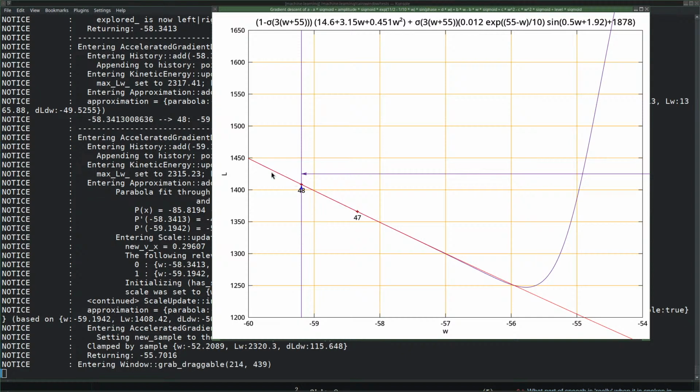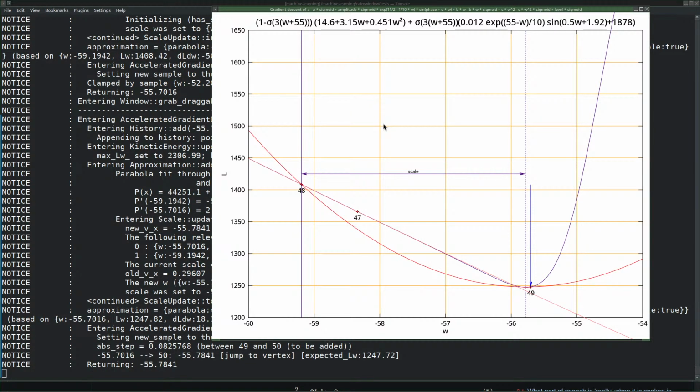And then it thinks that it is this parabola here. But it doesn't jump to that vertex, it gets clamped on the last sample that we measured up there, which then returns, yeah, that's almost by coincidence, I think, almost exactly in the minimum.